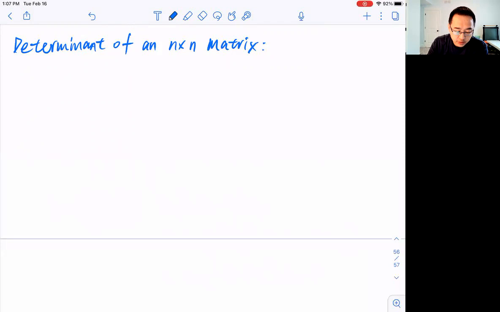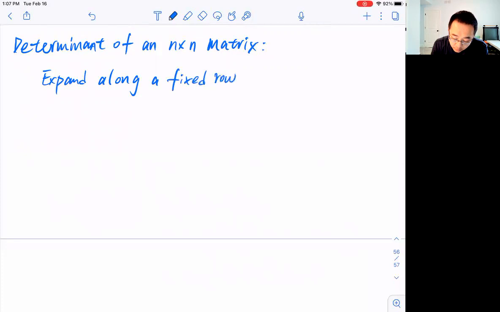Now, the way to calculate the determinant for an n by n matrix is kind of interesting. To find the determinant of an n by n matrix, you need to expand along a fixed row or column.